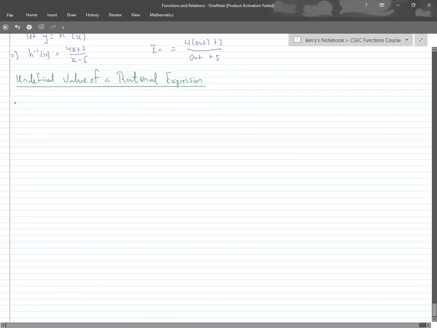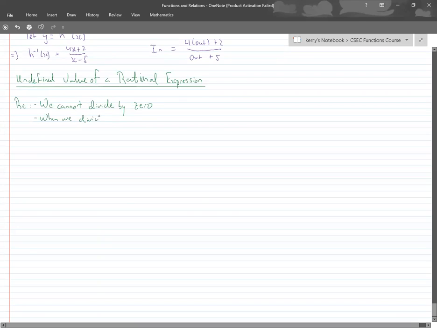Something that we need to recall for this section is that we cannot divide by zero. This is important, right? We can't find the value of a function or the value of anything when we divide by zero.